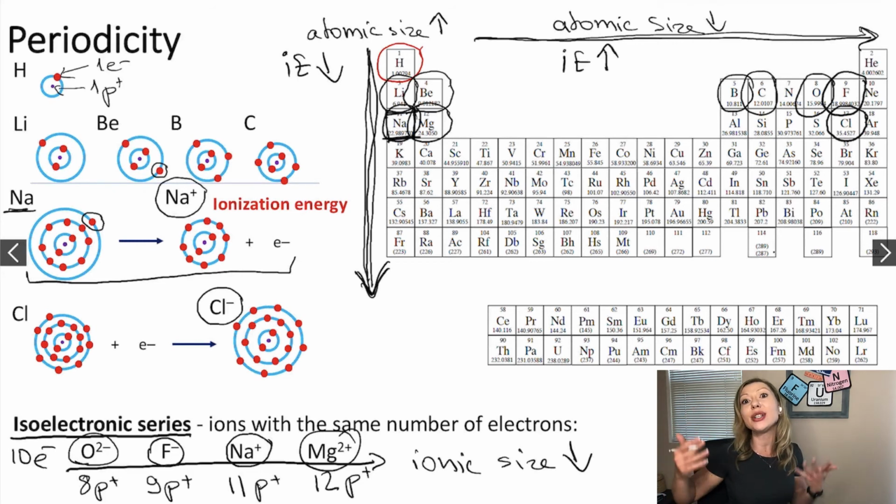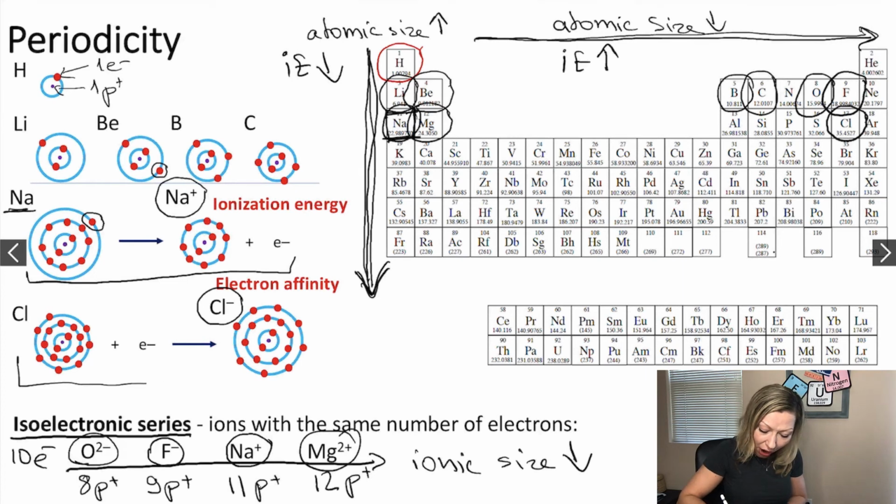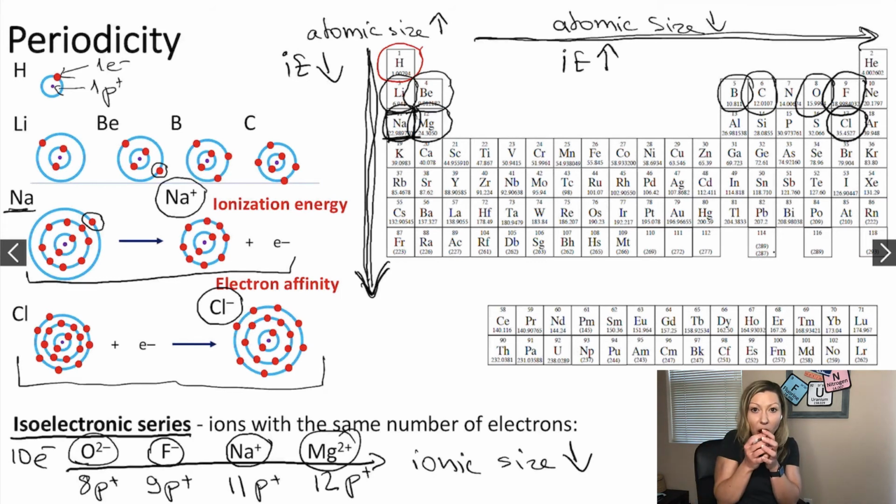What about electron affinity? Electron affinity is simply the energy associated with the creation of a negatively charged ion, just as is shown there, where we created a chloride ion. Now, what do you think? When is it easier to put an electron on an atom? When it's smaller or when it's bigger? Probably when it's smaller, right? Because when you add that electron, it's going to be closer to the nucleus.